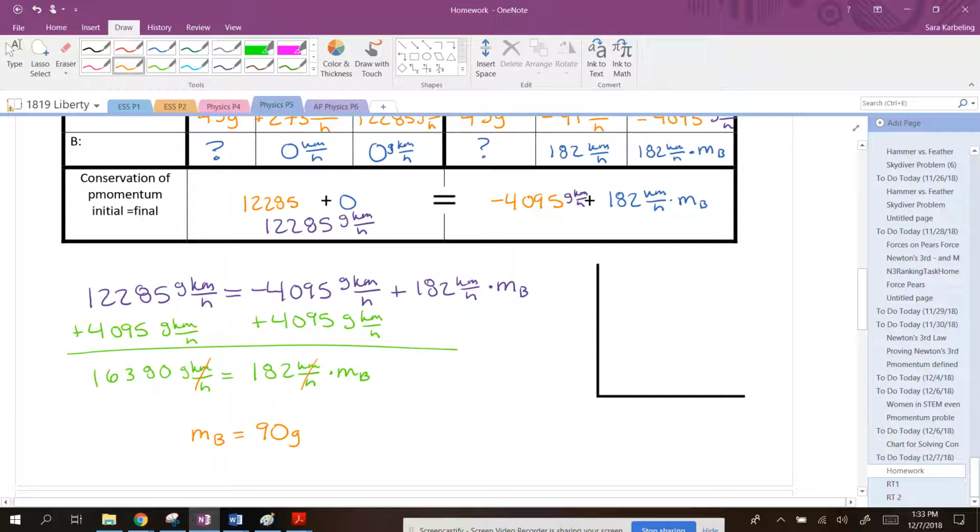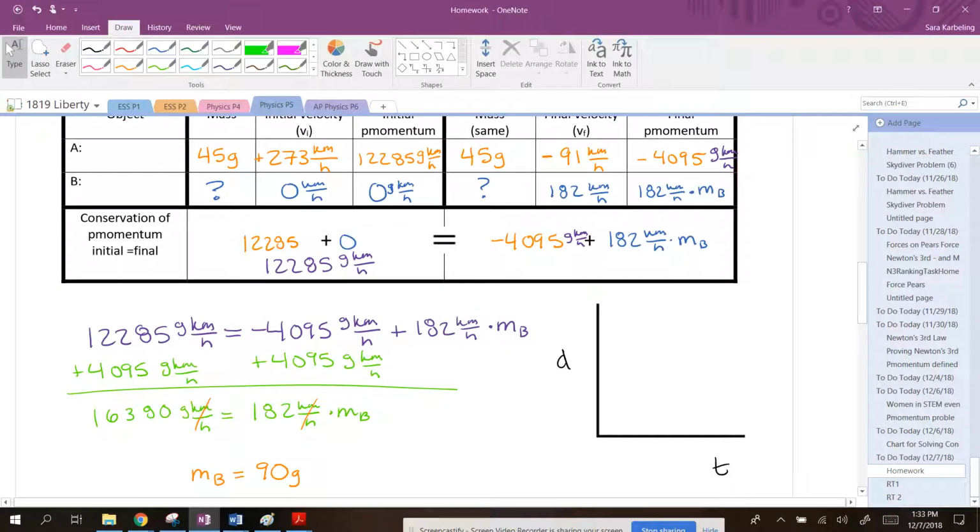So my friends that are working on this one with me, can we draw the picture real quick? So the initial for A is going to be positive 273. The initial for B looks like what? Slope of 0. Afterwards, the 273 is now going to slowly go negative, so something like this.